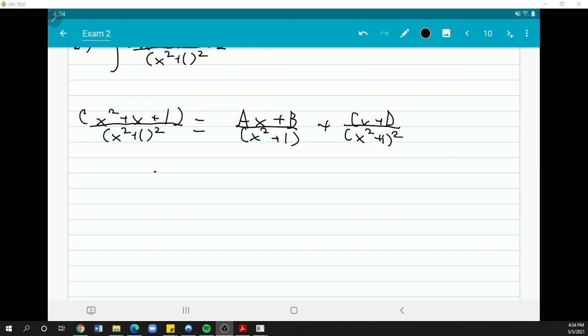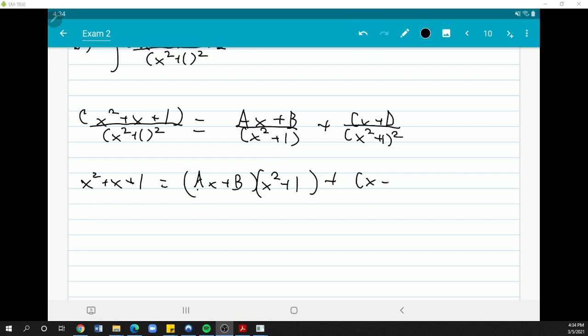So multiply everything by this denominator, and I'm left with x squared plus x plus 1 is equal to ax plus b times x squared plus 1, because I have 2 of them here, but only 1 of them here.